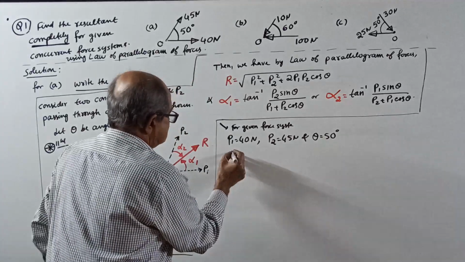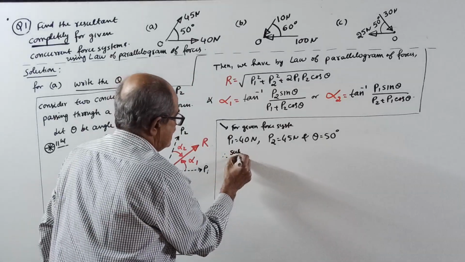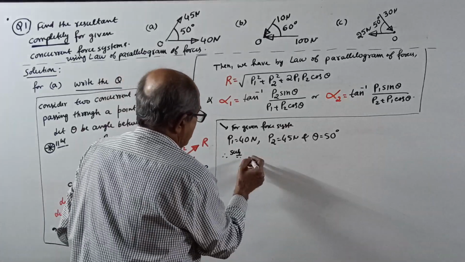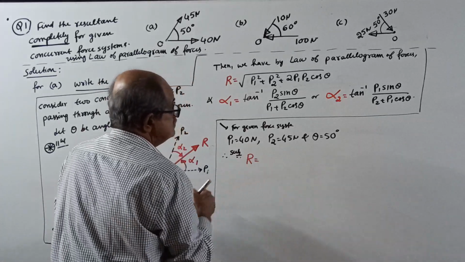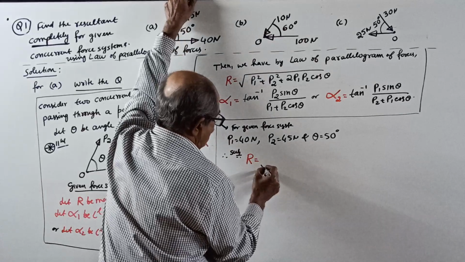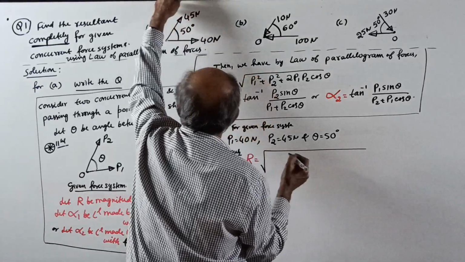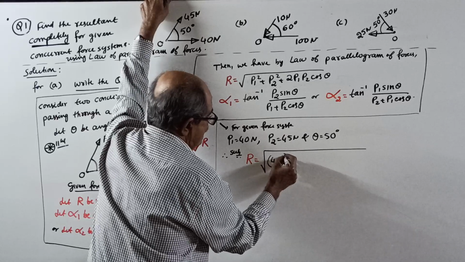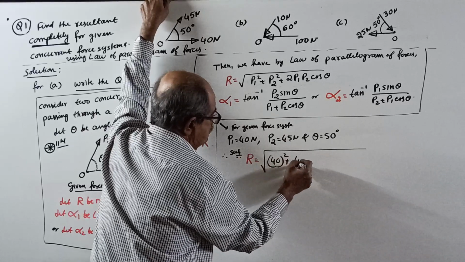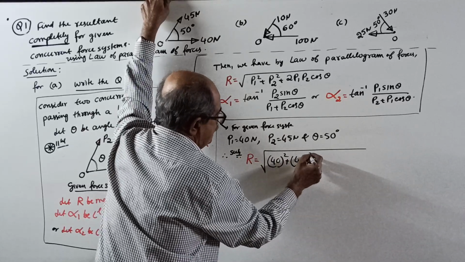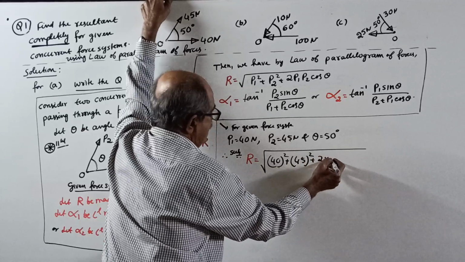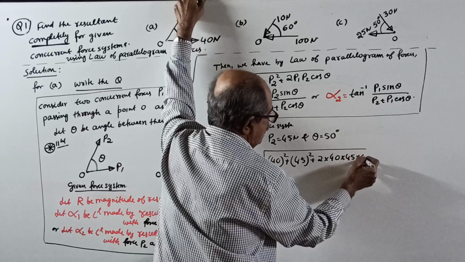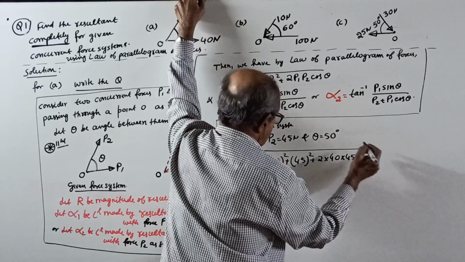Therefore, substituting here, resultant R, magnitude R equal to square root of P1 square, 40 square, plus P2 square, 45 square, plus 2 into 40 into 45 into cos of 50.